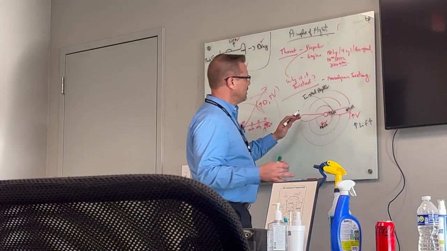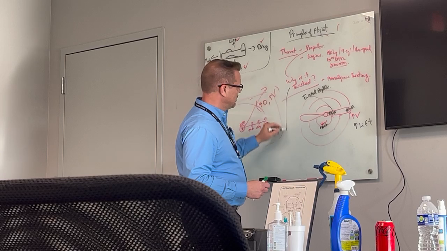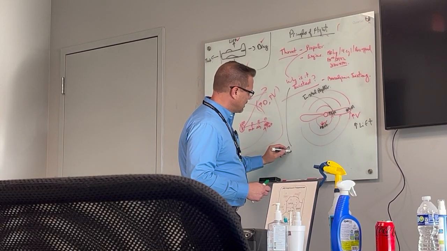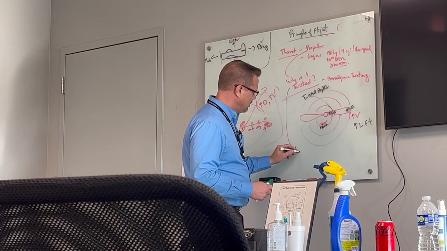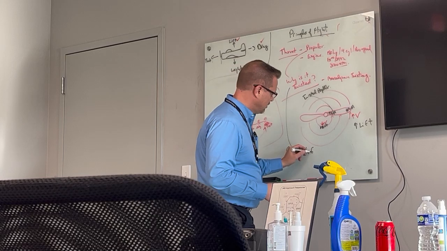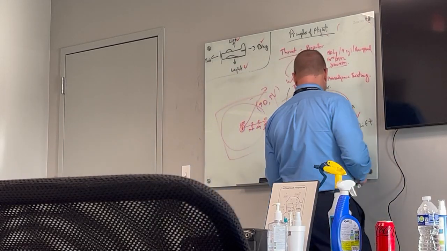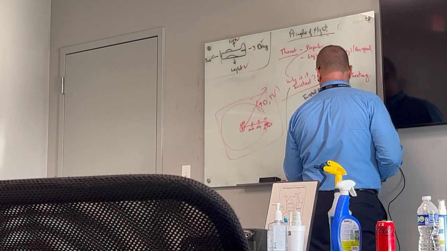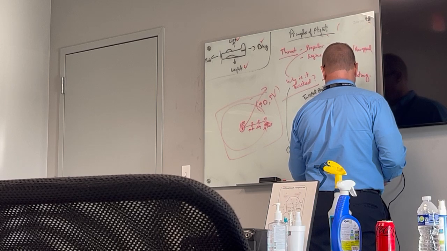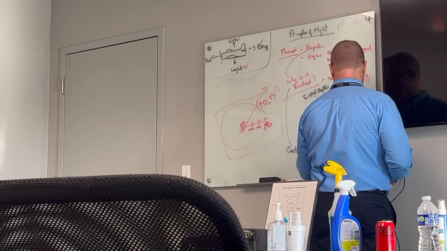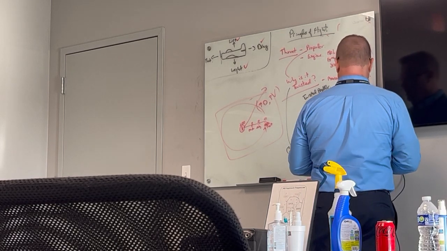So the whole idea, or why is it twisted? It's so that we have constant lift, okay, across the entire blade of the propeller. And how do we do that?